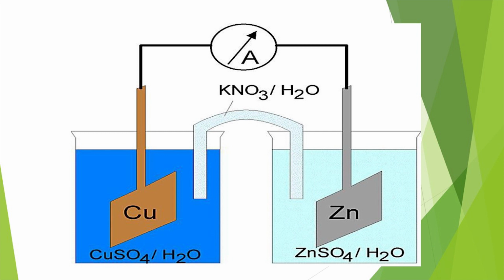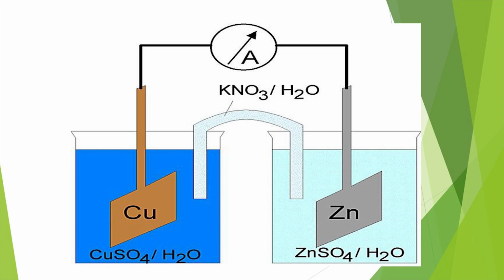The potential generated due to the presence of two different electrolytes in electrode components is called liquid junction potential. This potential can be minimized by using a salt bridge to join the two electrolytes. A salt bridge is a medium consisting of an electrolyte such as potassium nitrate or potassium chloride.